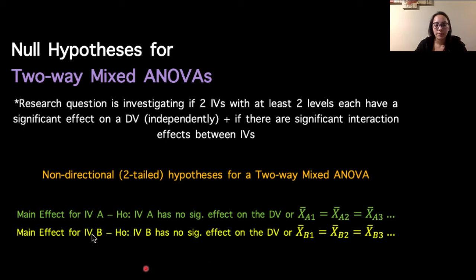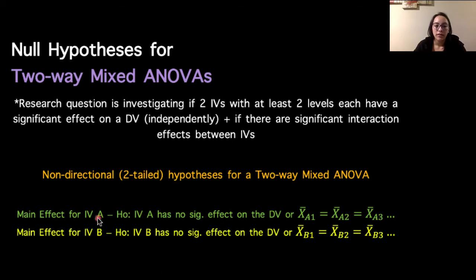Okay, so our null hypotheses are going to be the same, for the most part, as what we've had the last couple of weeks. For our two-way ANOVAs, we always are going to have 3 effects, a main effect for each independent variable, and then the third effect for the interaction.